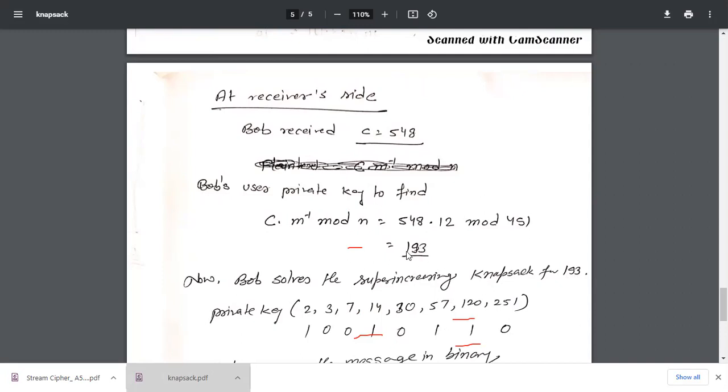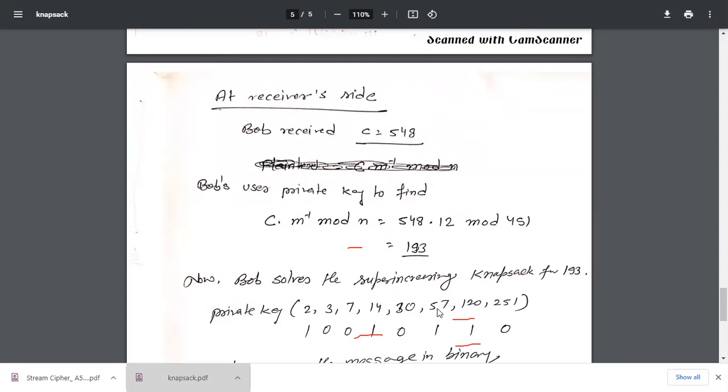Then we compare 193 with 120. 120 is less than 193, so it should be considered, and the bit should be 1. Next, the updated value is 193 minus 120, that is 73. So 73 is compared with 57.